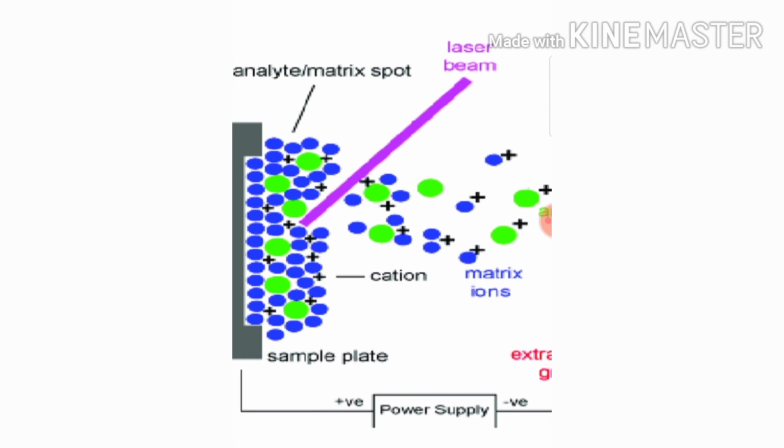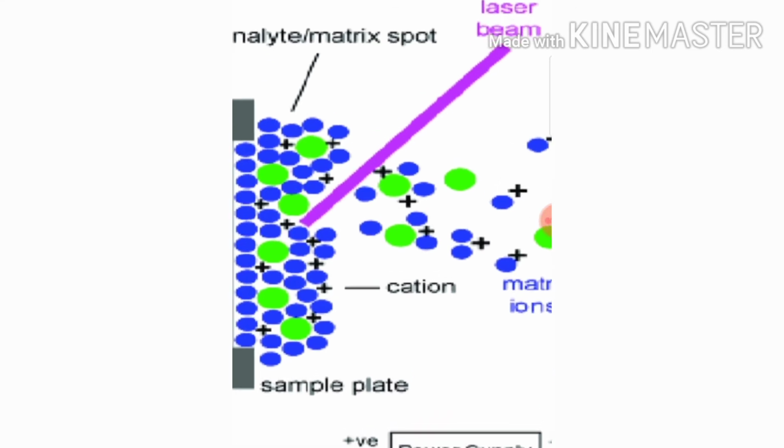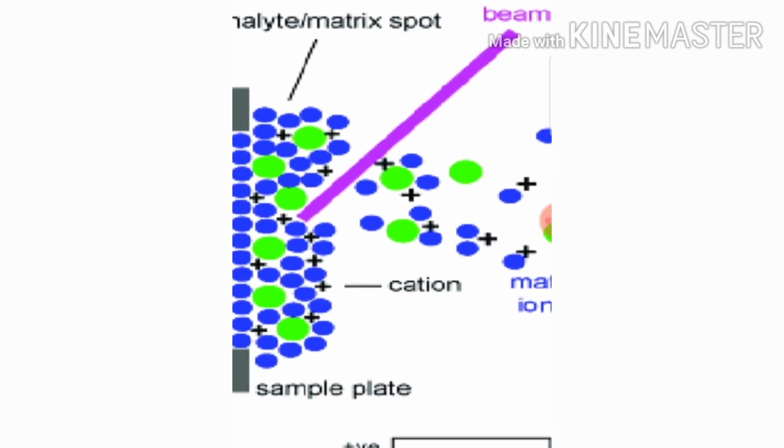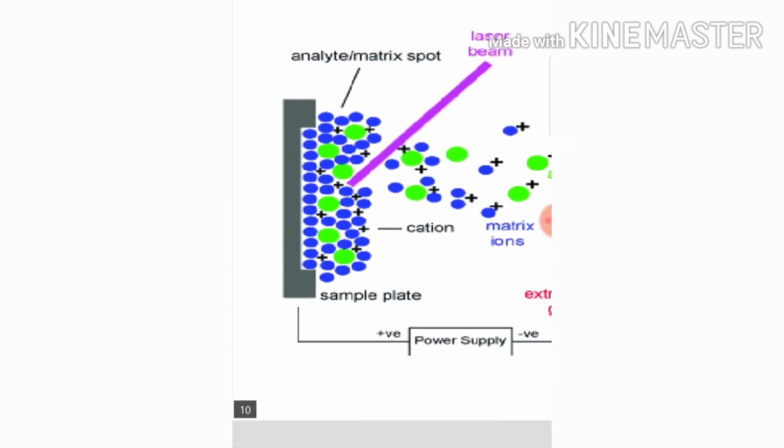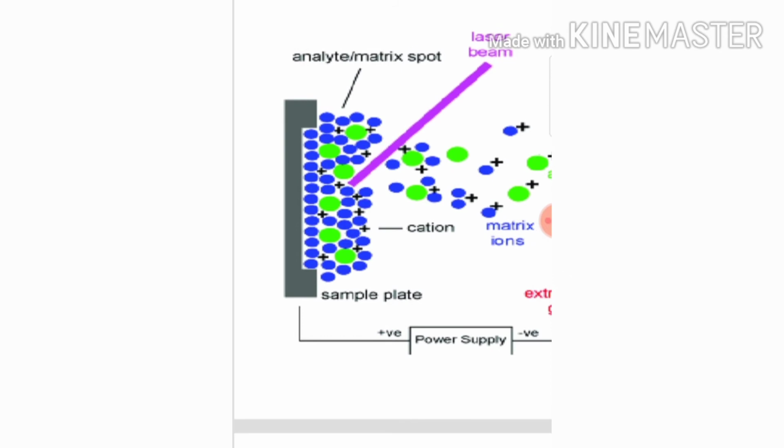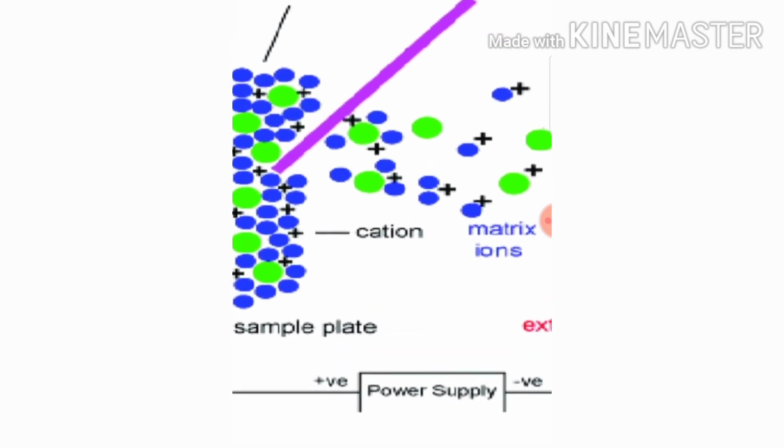That laser beam creates a charged ion, and that charged ion becomes vaporized only at extreme heat. So heat supply and laser beam are an essential requirement for creation of the vaporized ionic form of the sample.